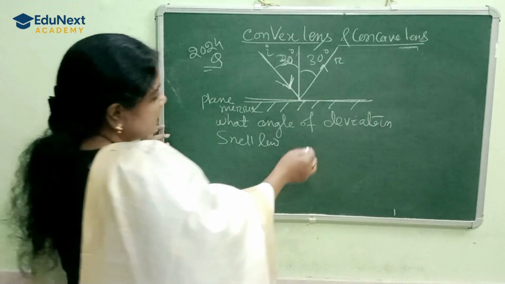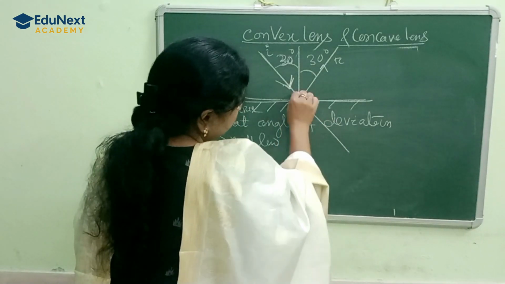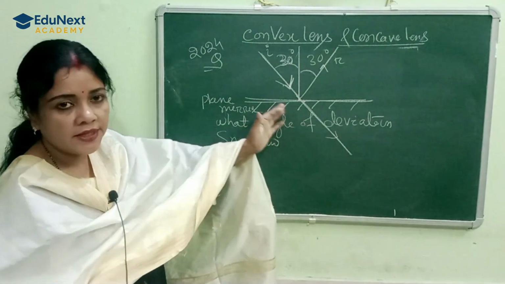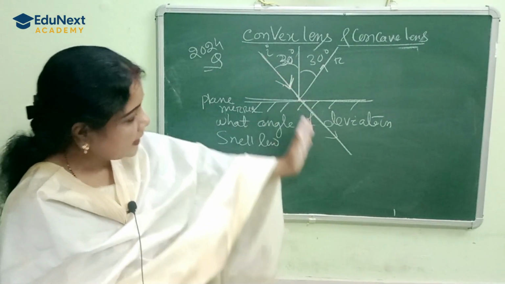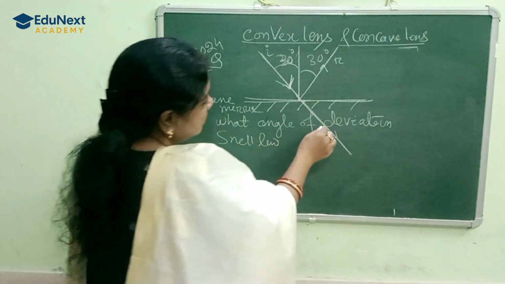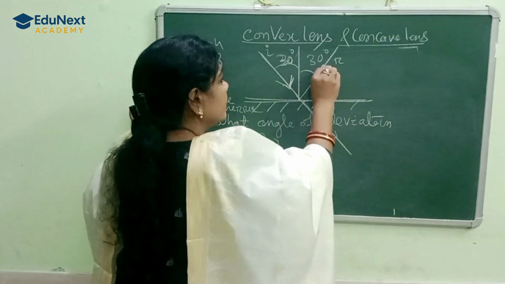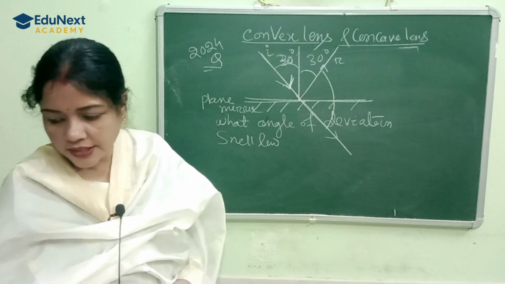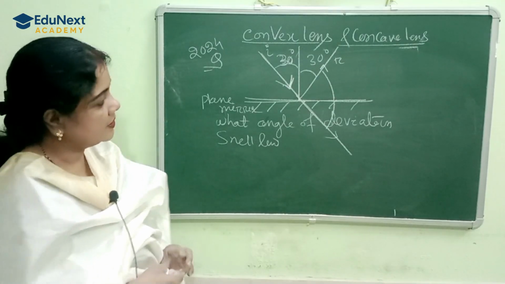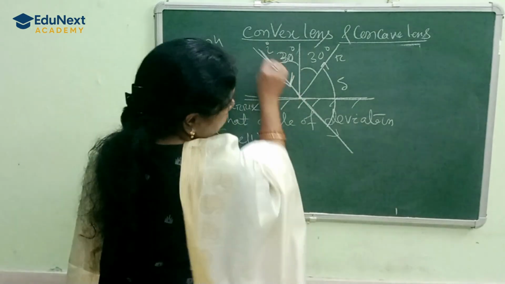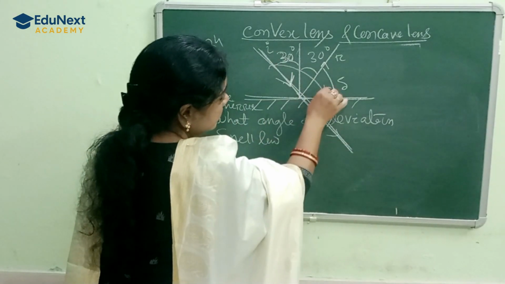Okay. Now, see, at the other surface of this plane mirror, the line will go like this. Now, see, this angle is known as the angle of deviation, that means delta. Now see, if you see this straight line, this is 180 degree.